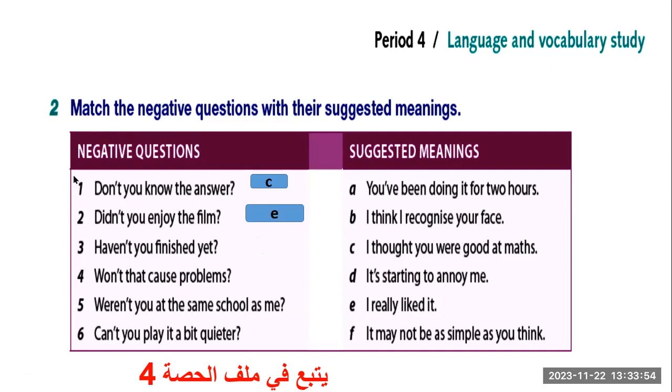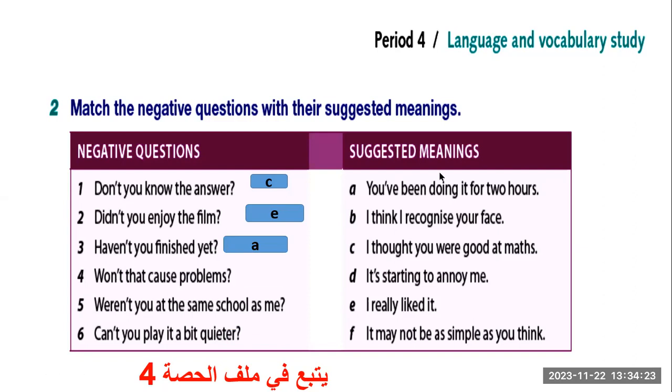كندا. يلا. Haven't you finished yet? Anyone? Me? No. A. Yes. So A, Kinda, read that. You've been doing it for 2 hours. ولو بعدك ما خلصتش صار لك ساعتين، هيك المعنى بيناسب بعضه كندا، okay?